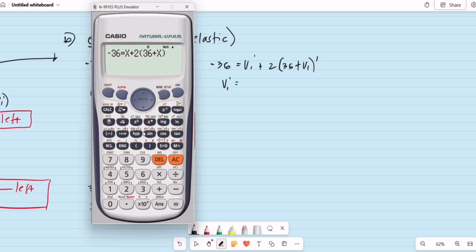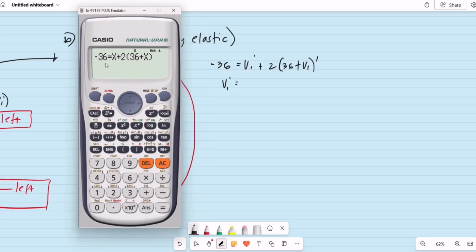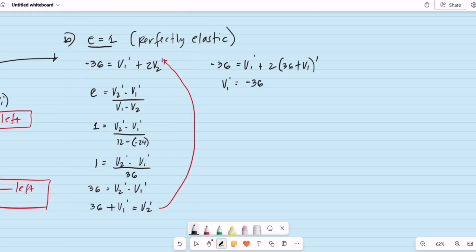We have negative 36 equals b1 prime plus 2 times the quantity 36 plus b1 prime. So b1 prime is equal to negative 36 meters per second. Since it is negative, the first object will move to the left after collision.